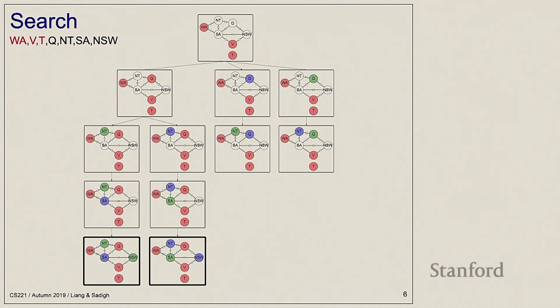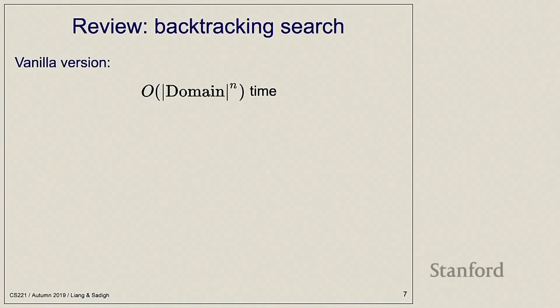And so this is the algorithm we covered. It works because it always gives you a good solution, but it's not great because it's super slow. It's exponential time. So there are n nodes, and each node has a domain.